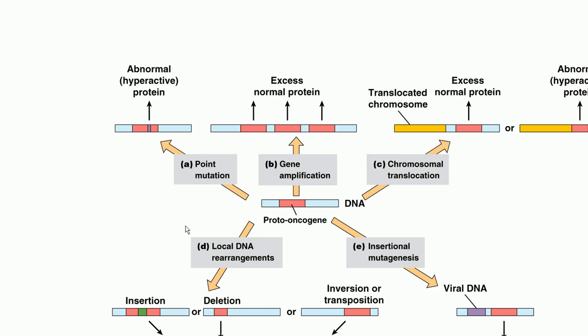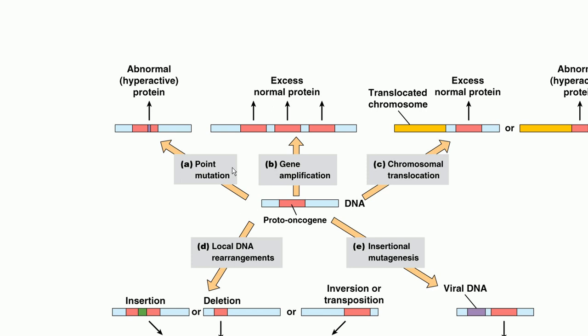So when DNA gets changed, protein gets changed, and our cells start dividing abnormally. The abnormal division of the cells is the disease called cancer.